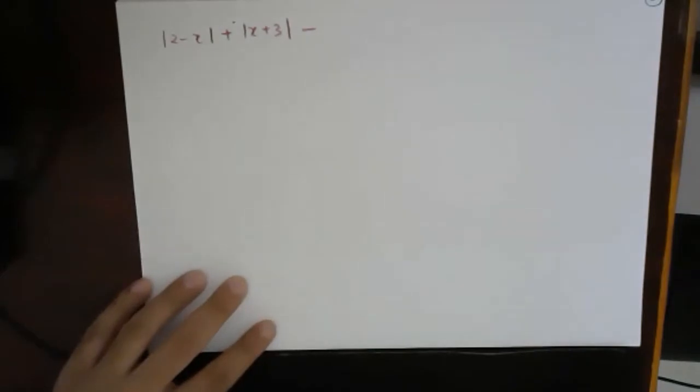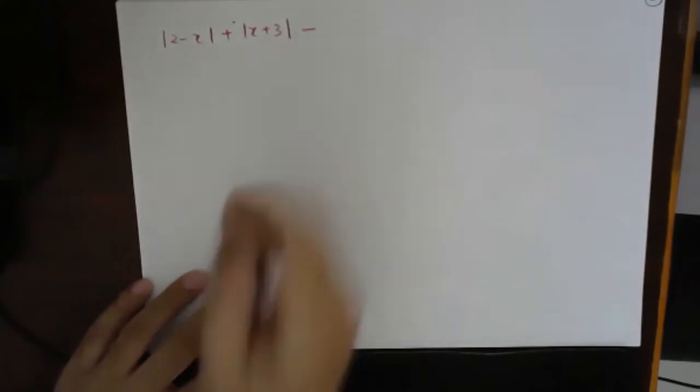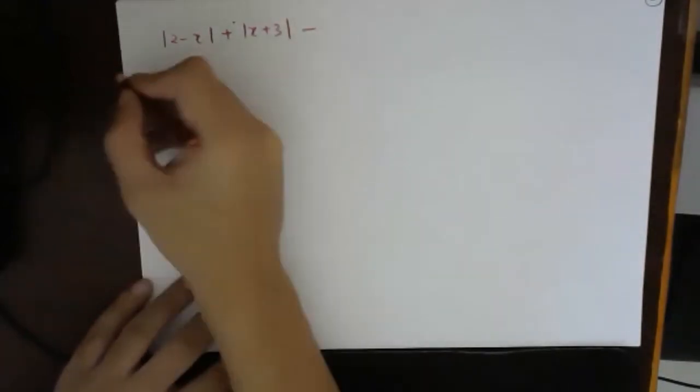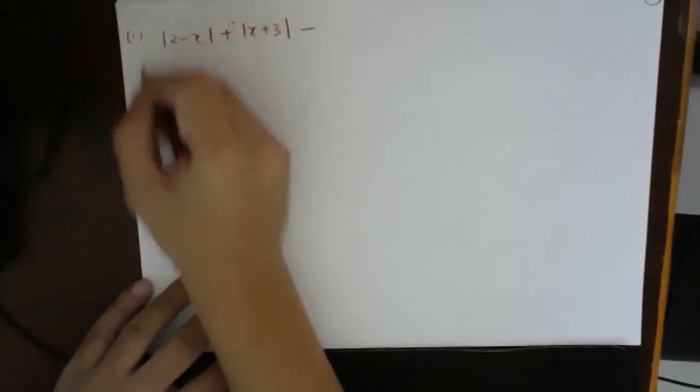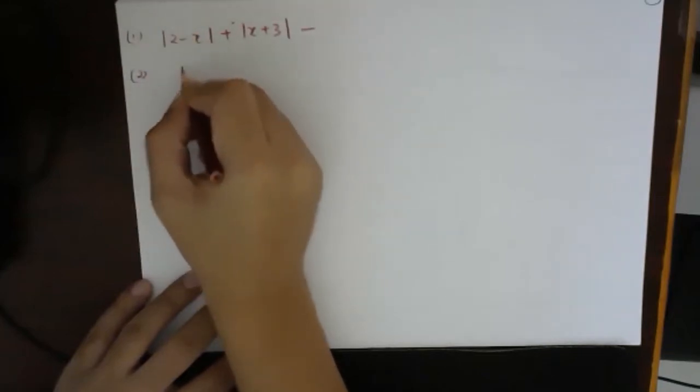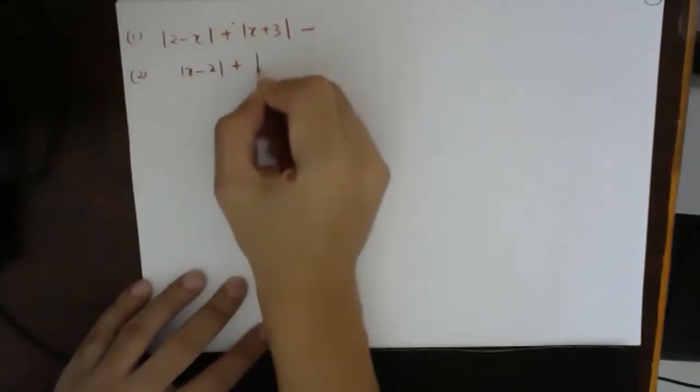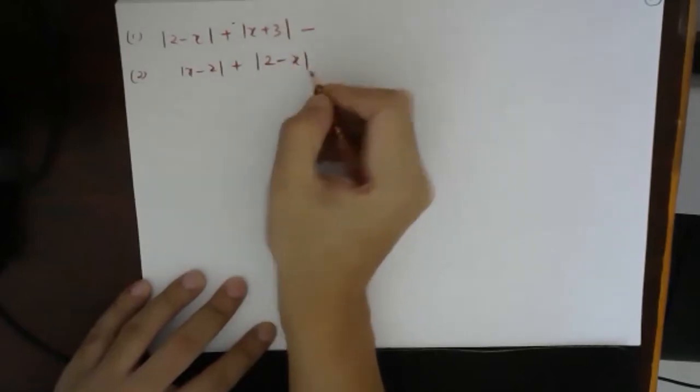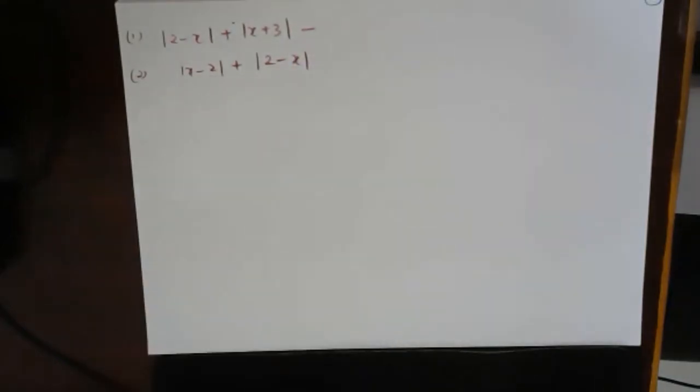The next one, second, was mod of x minus 2 plus mod of 2 minus x. Yes, right? Correct. Okay, fine. Thank you. Okay, I will solve.